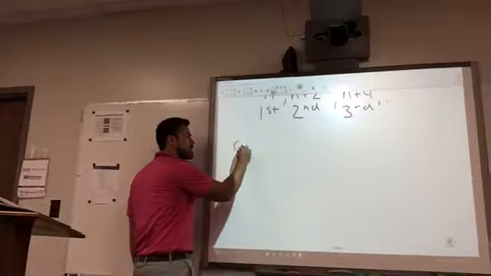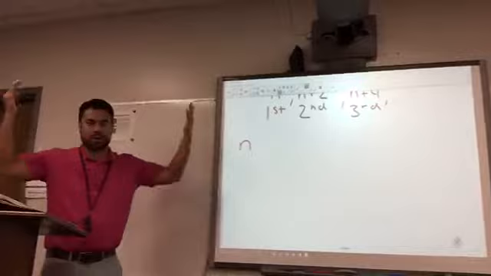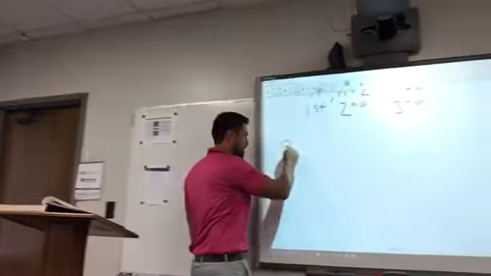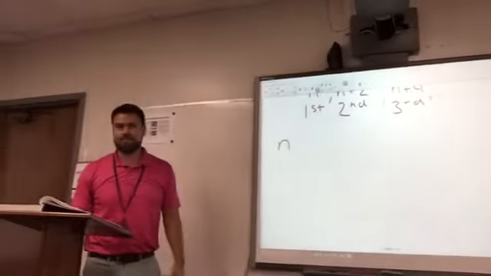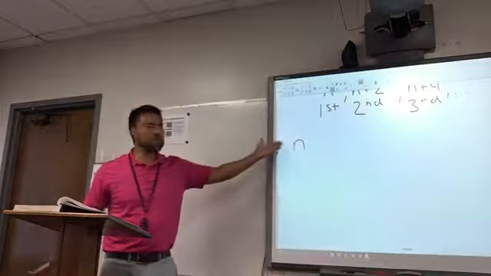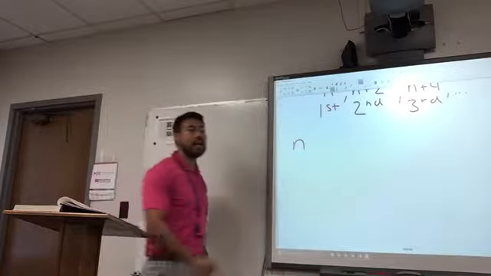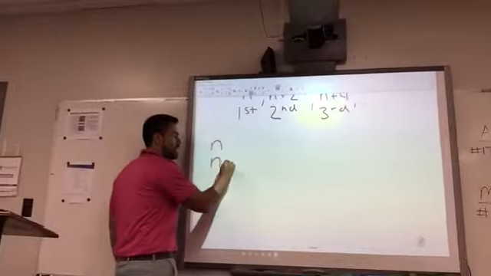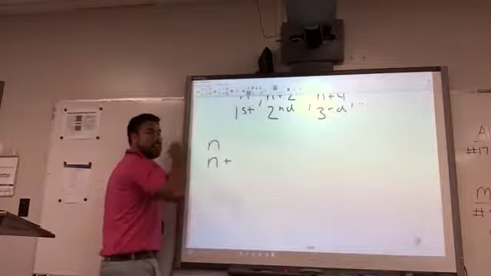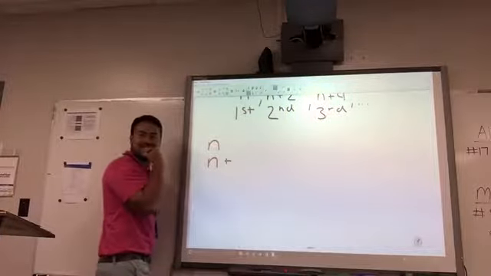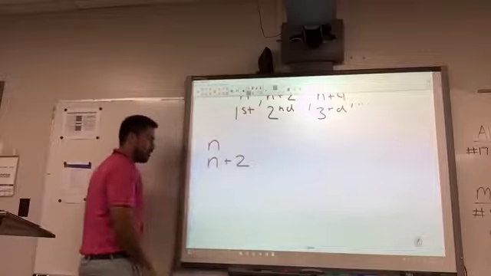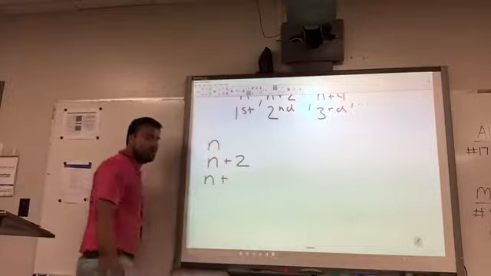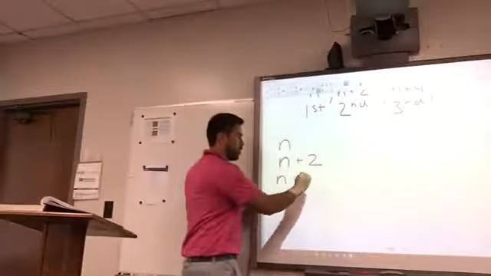Nope, but I do know it's n. It's some number. That's the first one. What's the second one? We don't know what the first one is, so how do we know what the second one is? How do you write it algebraically? N plus 2. That's the second one. What's the third one? N plus 4.